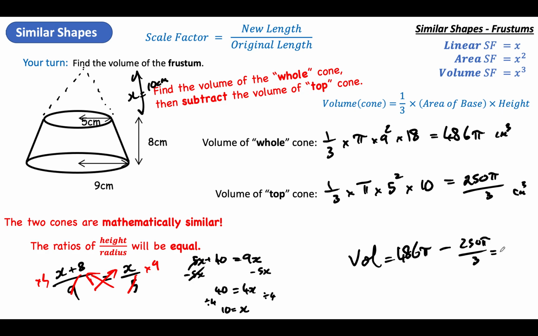Equals... interesting. 1,208 pi over 3 centimeters cubed. So that's the perfect answer. And then let's go for a decimal, which is less perfect. It's 1265.0 to 1 decimal place centimeters cubed.